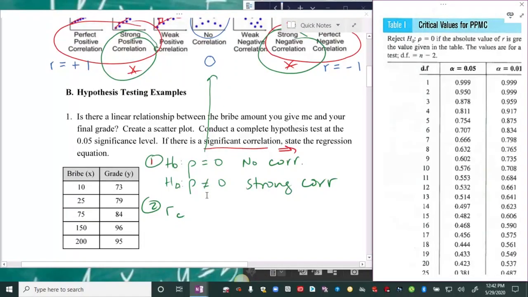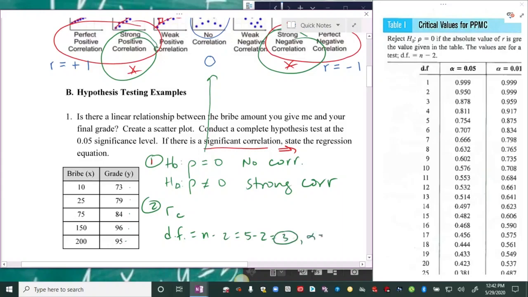The alternative is always not equals every single time for this one. It also tells you that for degrees of freedom, you want to do n minus 2, since we have paired data. We have 1, 2, 3, 4, 5 sets of data, so it's 5 minus 2. Degrees of freedom is 3.